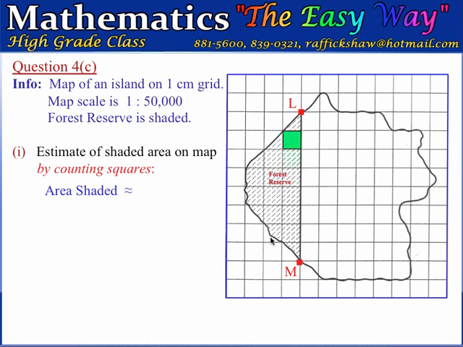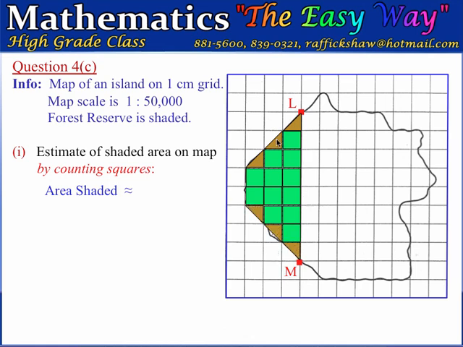So that's 1 square, 2 squares, 3, 4, 5, 6, 7, 8, 9, 10, 11, 12. So there are 12 whole squares in this area, and then we can count the half squares at the edges, and there are 1, 2, 3, 4, 5, 6 half squares.